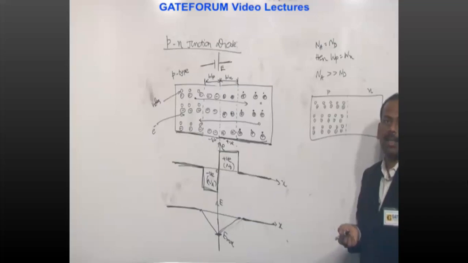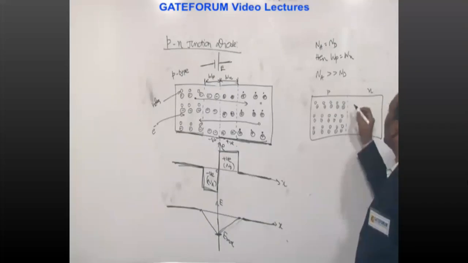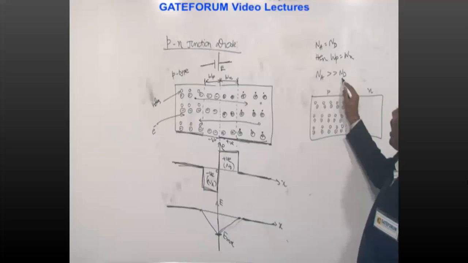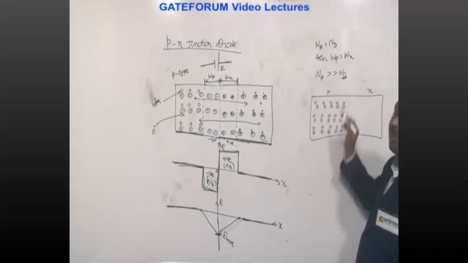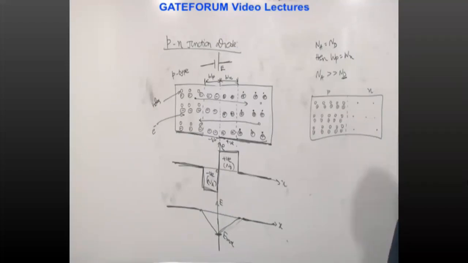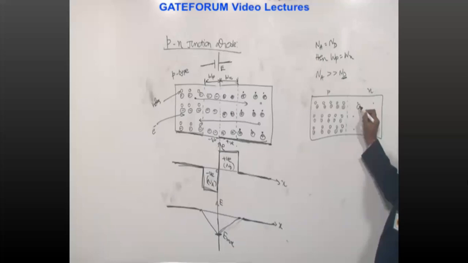Neglecting minority carriers. In the n-type semiconductor, electrons will be majority carriers, but I have taken the donor impurities to be less, so here we indicate very few. This is the representation. Here more doping, here less doping. Therefore here positive ion, here positive ion, here positive ion.